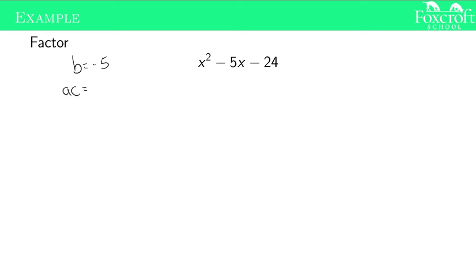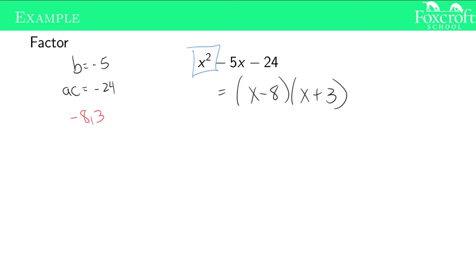AC is -24. And the pair of numbers that's going to multiply to -24 and add to -5 is -8 and 3. And our shortcut says our final answer just uses those numbers. We can only use the shortcut because of that.